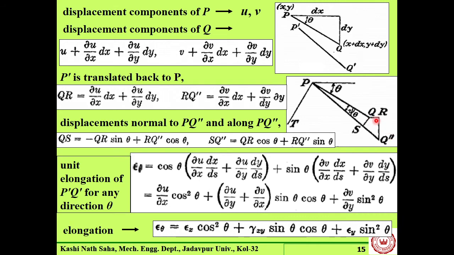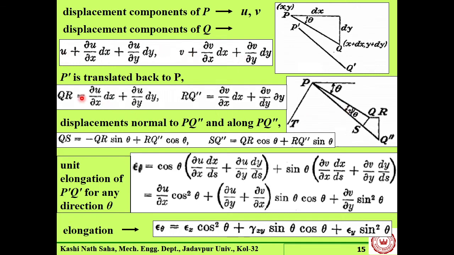What is QR? This is only this much. Because this u and v are translated back, so from coordinate of point Q prime, this u and v part is now neglected.